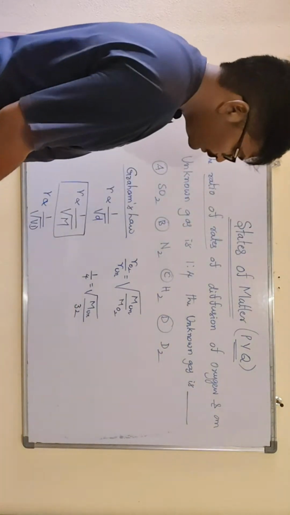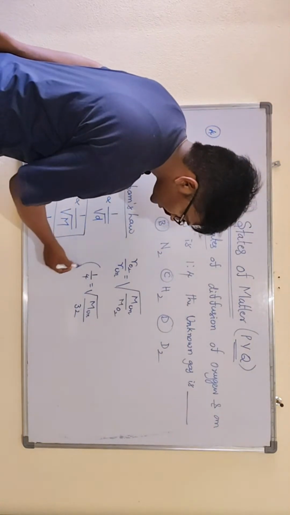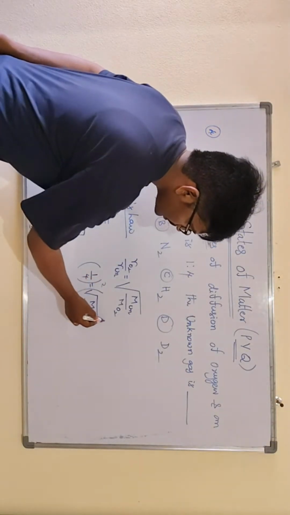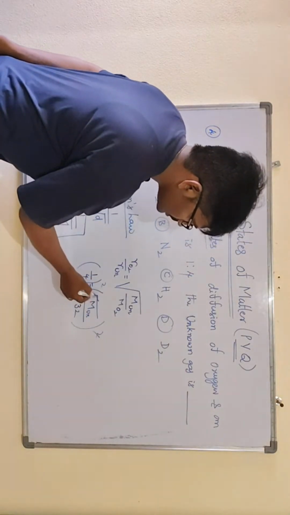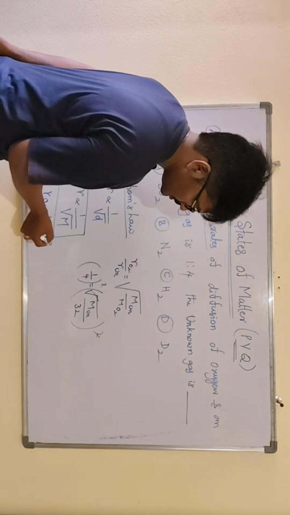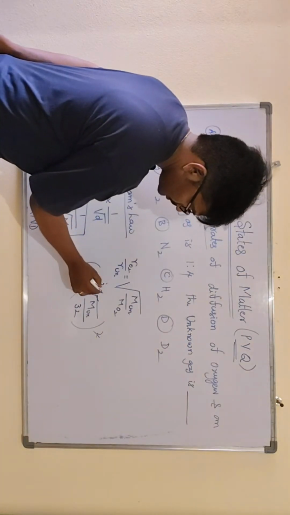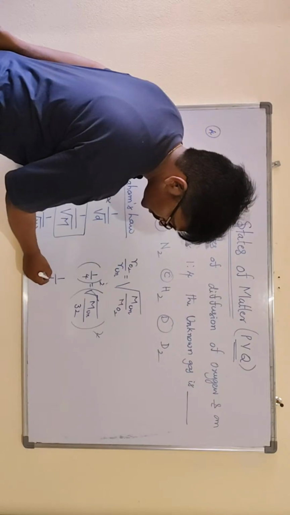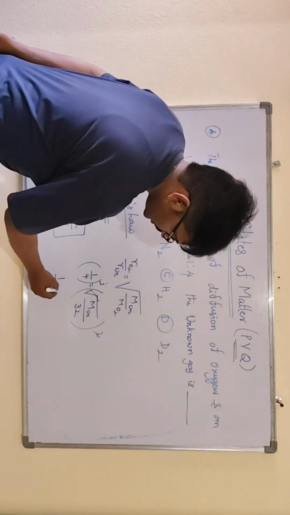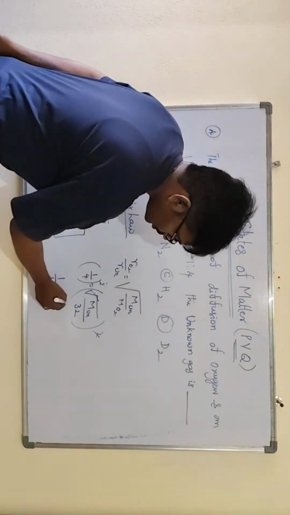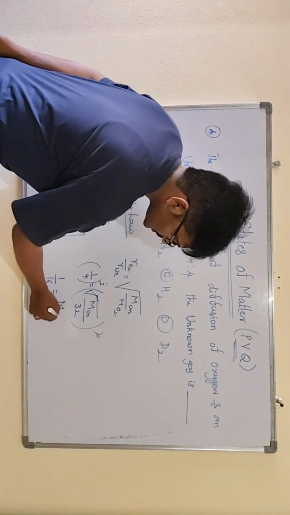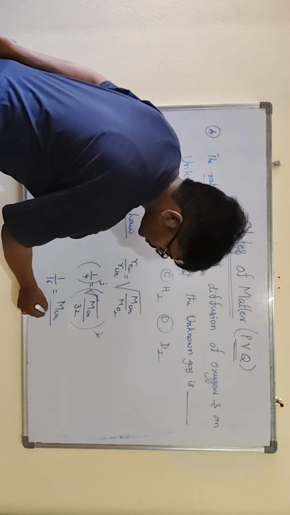Clear? So if you square both sides, the square root cancels. So 1 by 4 squared is 1 by 16, equals molar mass of unknown gas divided by 32.